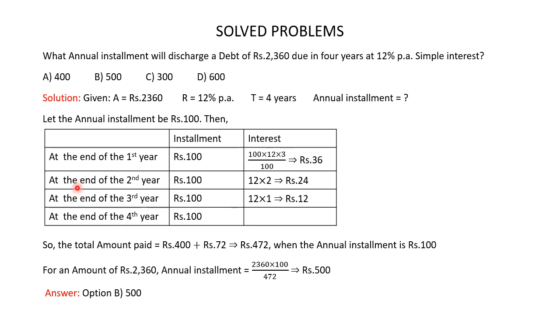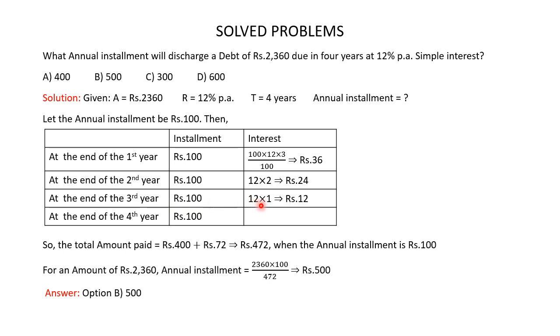Now at the end of the second year, installment to be paid is rupees 100. Interest to be paid is 12, which is the rate of interest, multiplied by 2 because still payment has to be made for 2 more years. So 12 multiplied by 2 is 24. At the end of the third year, installment is rupees 100.